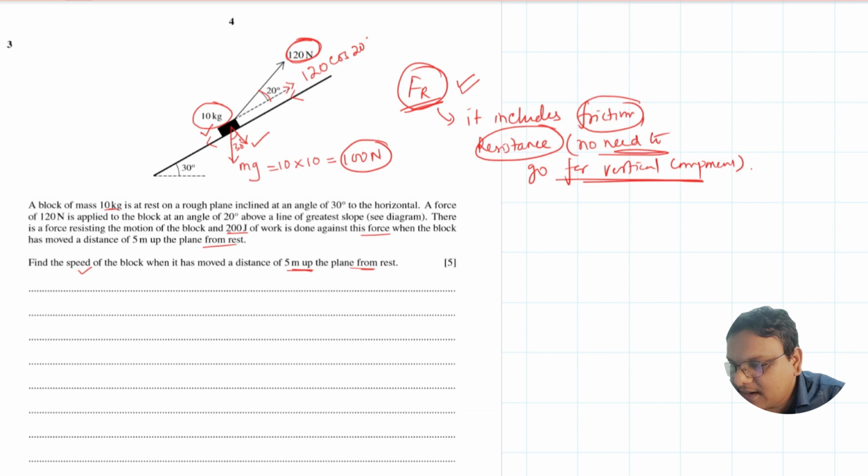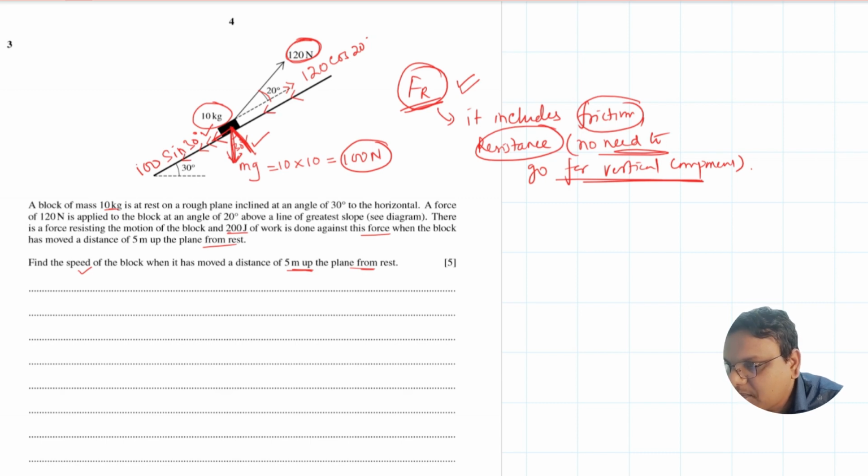And if this is the vertical component including 30, definitely we get one more horizontal component, because if this is the resistive force mg, 100 Newton, then this one will be 100 sin 30. Check, right?